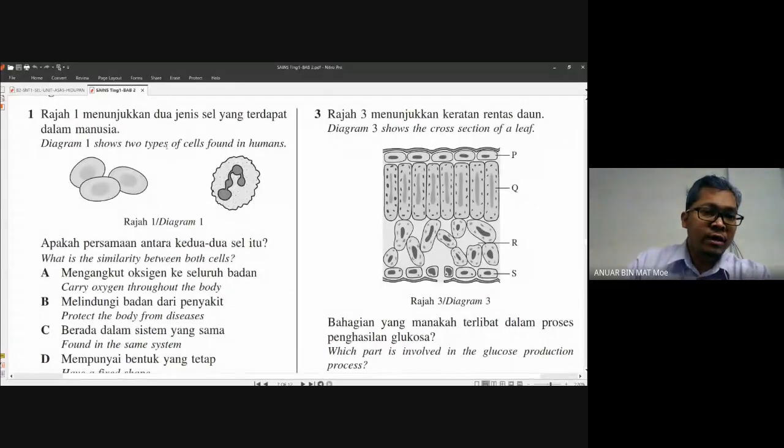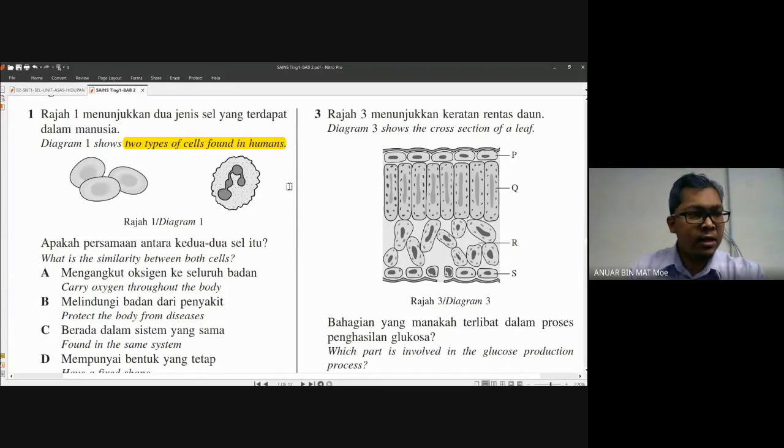Okay, so diagram 1, question number 1, section A, diagram 1 showed 2 types of cell found in humans. Okay, so you must be able to understand the type of cell, right?